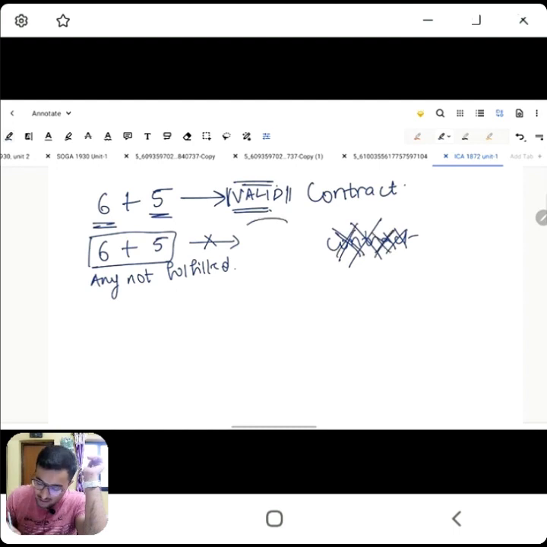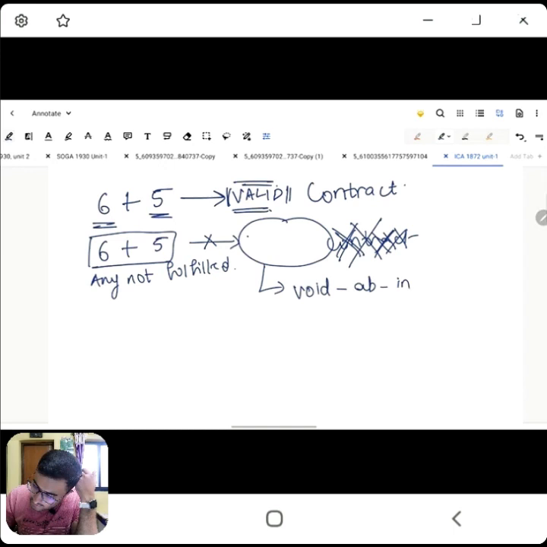So, what will you call it if those 6 plus 5 conditions are not fulfilled? If there is no offer and acceptance, no consideration, no free consent, no competent parties, no consent, what will you call this? You will call this void ab initio.